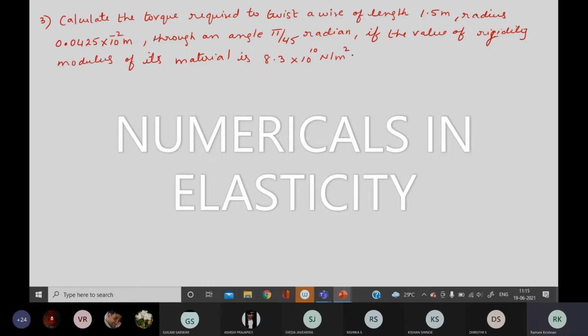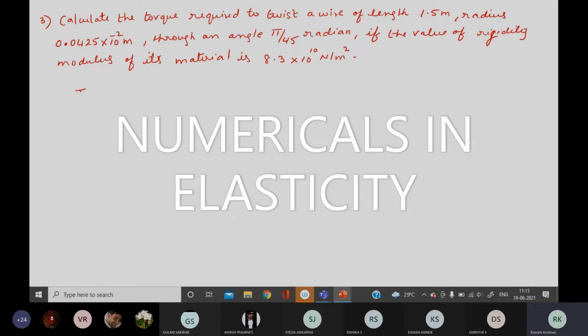Okay, right. So this is the question given. Calculate the torque required to twist a wire of length 1.5 meter, radius 0.0425 into 10 power minus 2 meters through an angle of pi by 45 radian if the value of rigidity modulus of the material is 8.3 into 10 power 10. So first thing we should write the given data, and in the formula now we will not convert it to degree, it should be in radian only.